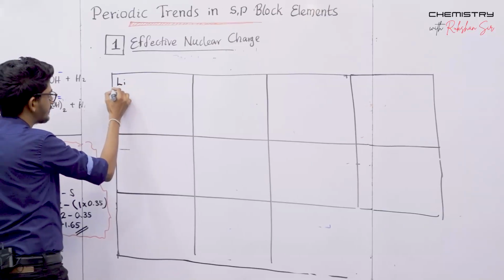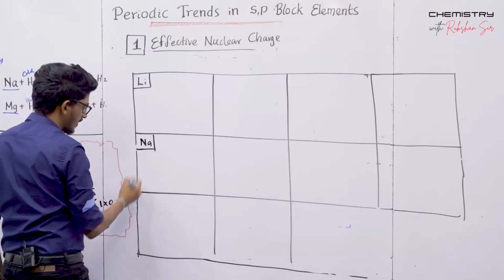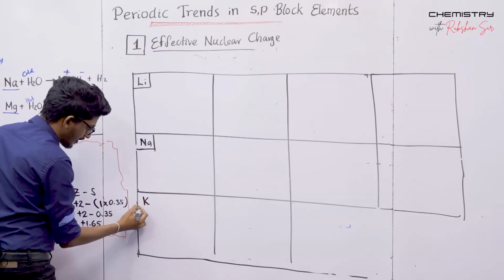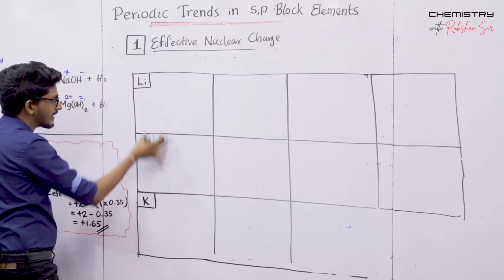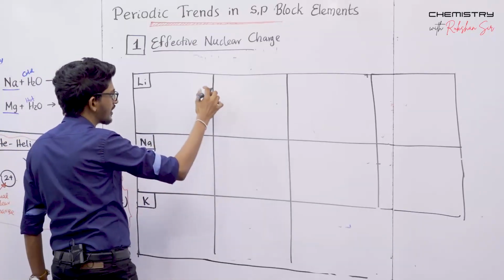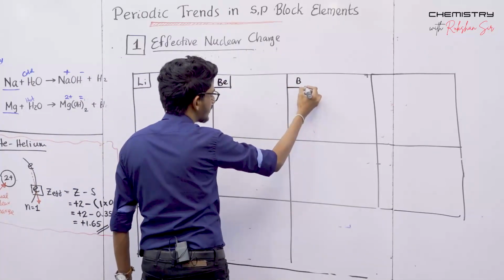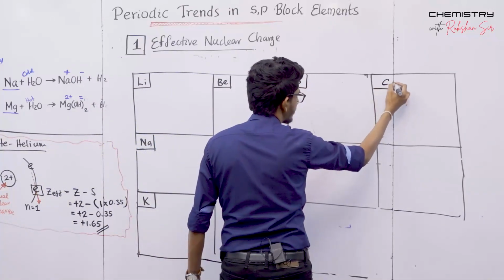Here the lithium, sodium, with this we expect to get the trend when going down a group, and then going to right, beryllium, boron, carbon, like that.